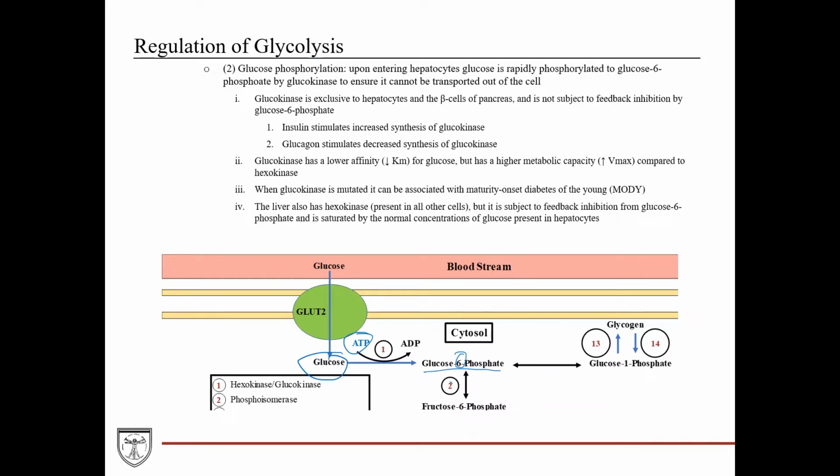Now, you have 2 enzymes that carry this out. You have hexokinase and glucokinase. Hexokinase is in every single cell in the body. Glucokinase, however, is exclusive to hepatocytes and beta cells of the pancreas. The big difference between glucokinase and hexokinase is that glucokinase is not subject to feedback inhibition. So for hexokinase, this can come back in negative feedback.